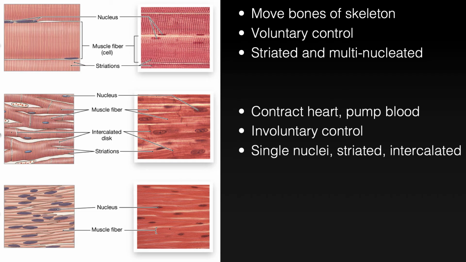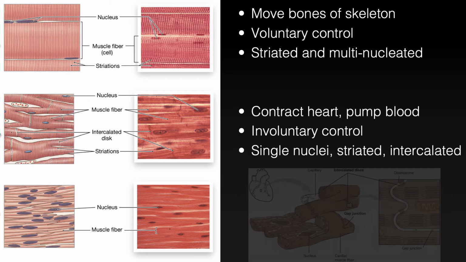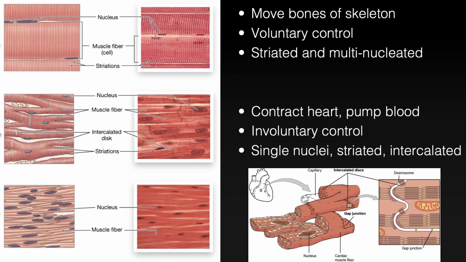The other clear difference, which isn't clear on this slide, so I'm going to bring up another picture for you, is that heart muscle, cardiac muscle, is what's called intercalated. That is, it contains intercalated discs.